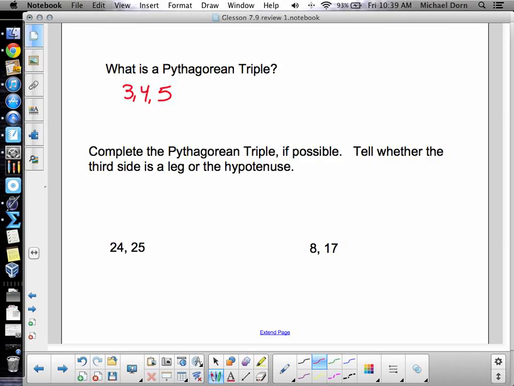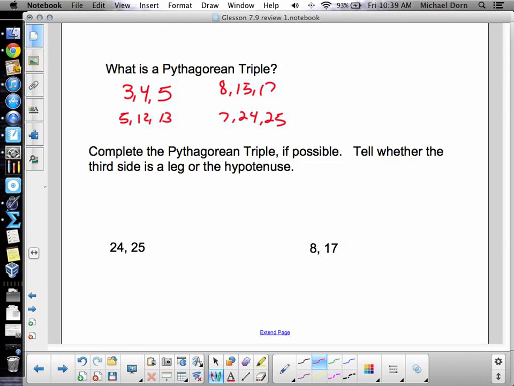So 3 whole numbers, 3 integers, for which a squared plus b squared equals c squared. 3, 4, 5 is a common one. 5, 12, 13. I'm sorry, 8, 15, 17. 7, 24, 25. These are all common Pythagorean triples. All right? Sets of 3 numbers, which a squared plus b squared equals c squared.